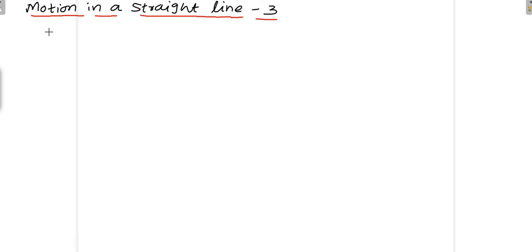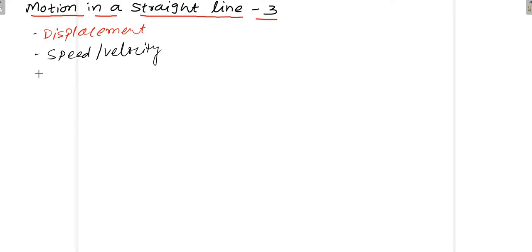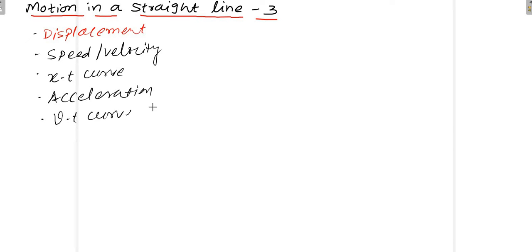So far we have learned the concept of displacement, we have learned the concept of speed and velocity, we have seen the x-t curves and how to interpret them, then the concept of acceleration and v-t curves and how to interpret these.